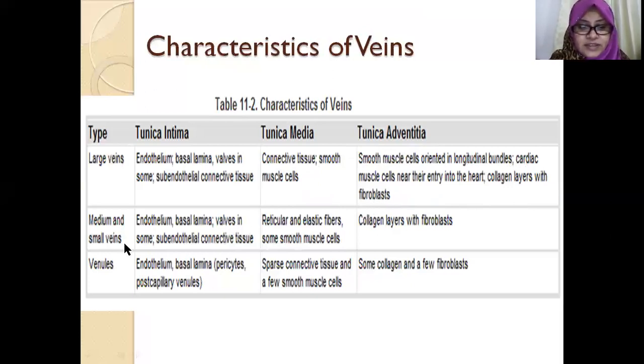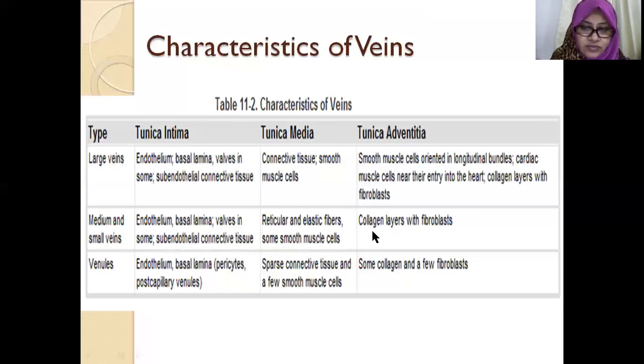In medium and small-sized veins, in tunica intima, endothelium rests on basal lamina, and valves may be present in some small and medium-sized veins, and also subendothelial connective tissue is present. In tunica media, reticular and elastic fibers are present. Some smooth muscle cells are also present.